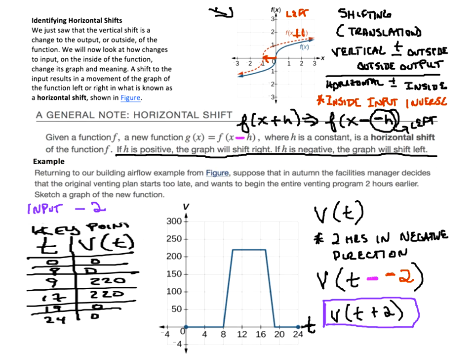What we're actually going to end up doing, and I stretched it for a reason, is subtracting 2 from each of our input values, even though it says plus 2 on the inside. So our new input values become -2, 6, 7, 15, 17, and 22.